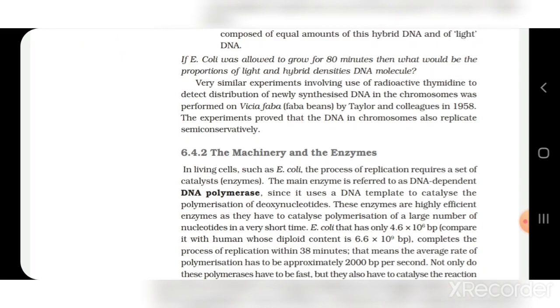But in the case of eukaryotes, they contain a giant DNA molecule, and each chromosome has hundreds of different origins of replication. This is the basic difference between DNA replication in prokaryotes and eukaryotes.